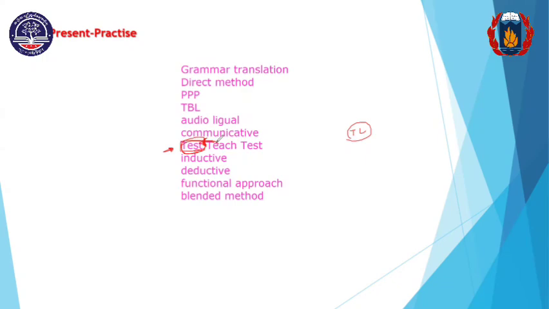After that, the teacher uses a different test, and the difficulty level is not the same. It will be a little bit challenging for the learner. And in the last step, the teacher evaluates the student on the whole learning process, the whole target language.